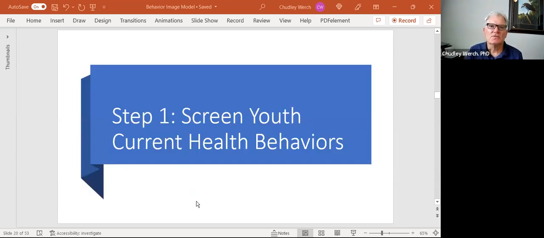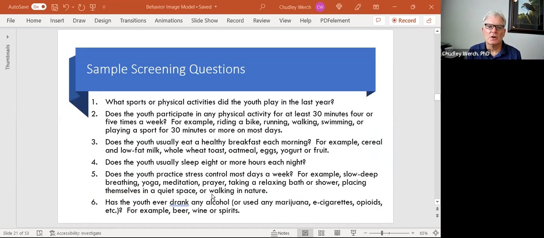The way to look at this from a practical perspective, and I know, again, some of you may have seen this before, is, again, following that three-step behavior image-based screening and brief intervention practices strategy found in all prevention plus wellness programs. Screen youth for their current health behaviors.